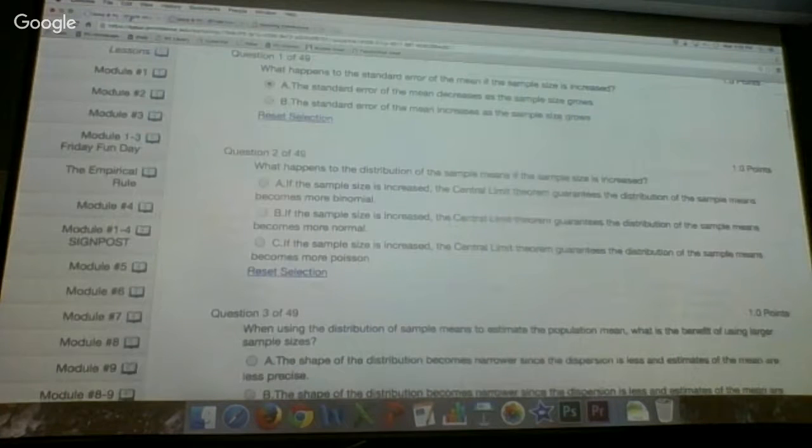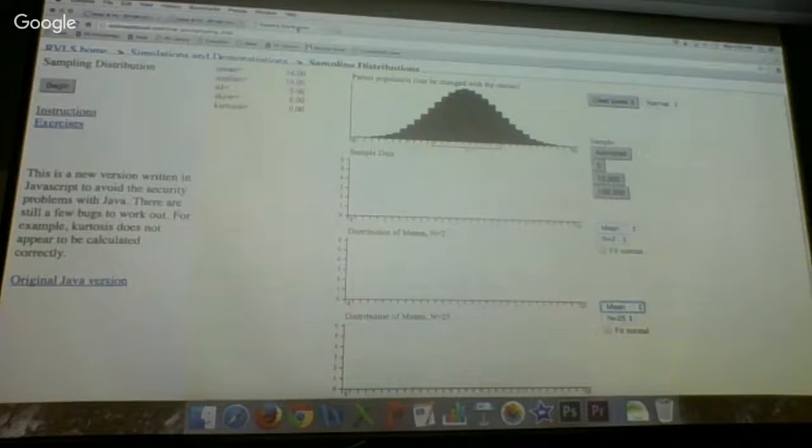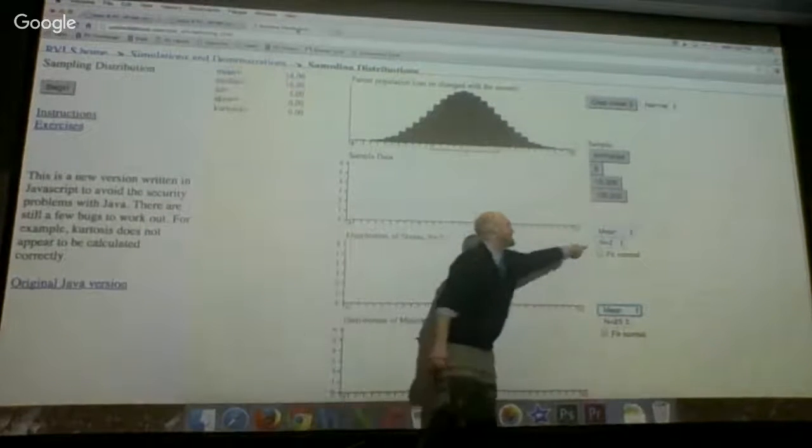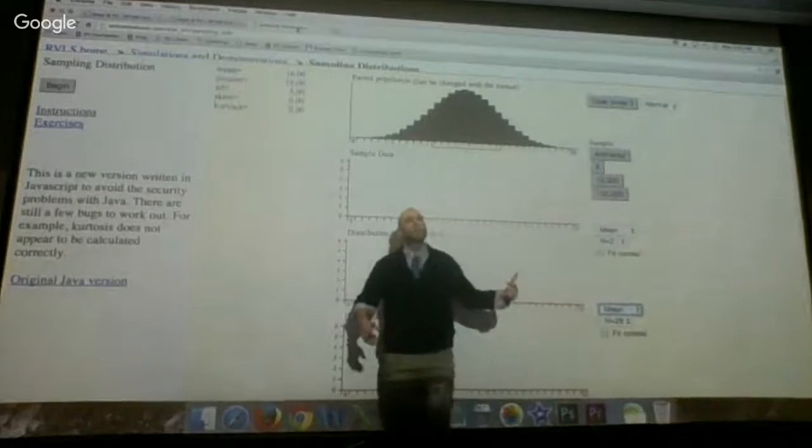Question 2 says, what happens to the distribution of the sample means if the sample size is increased? What happens to the blue dots?